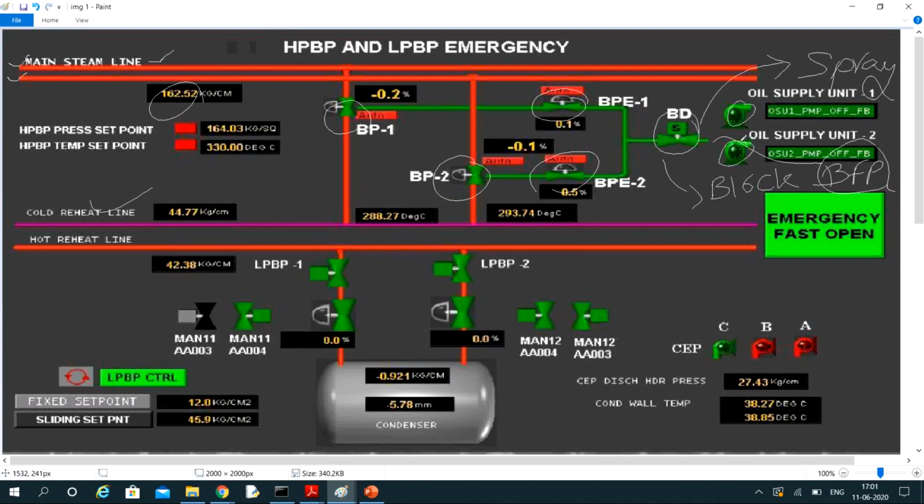They are normally known as the oil supply unit, or OSU, generally in the units. Both pumps are standby and they have a defined pressure set point. They operate in auto based on the pressure set point. They start when the pressure falls and they stop when the pressure rebuilds.